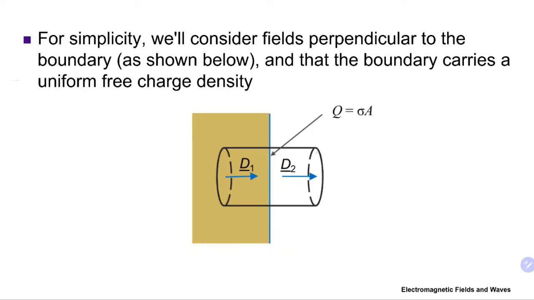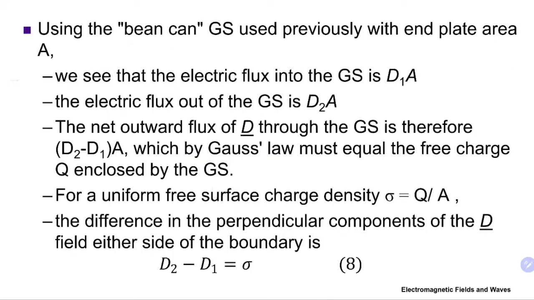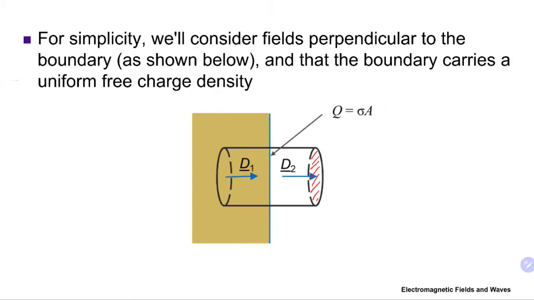Looking at this, the flux crossing through this surface will be the difference between D1 and D2 times the area A, and that has to be equal to the charge confined inside our Gaussian surface.